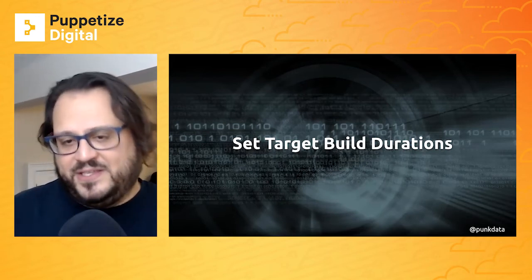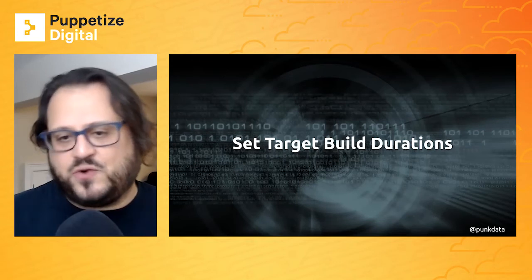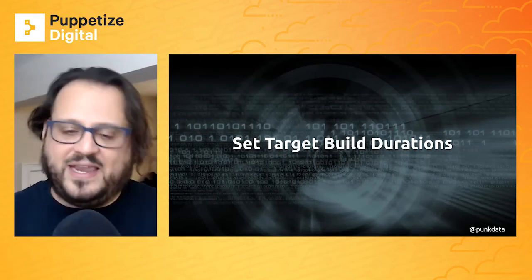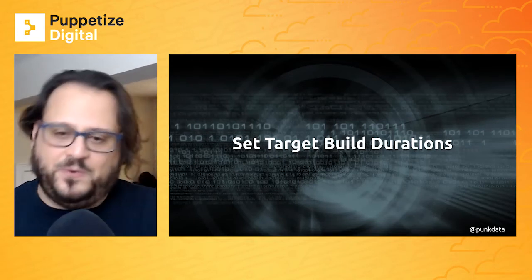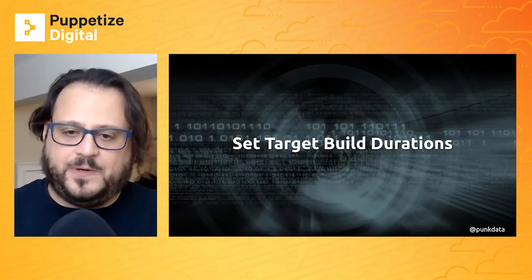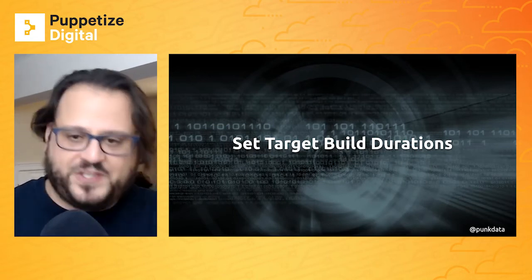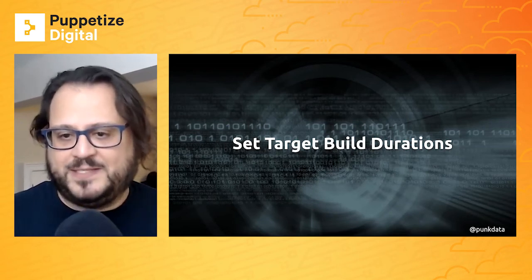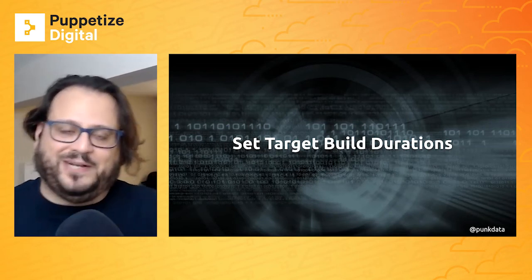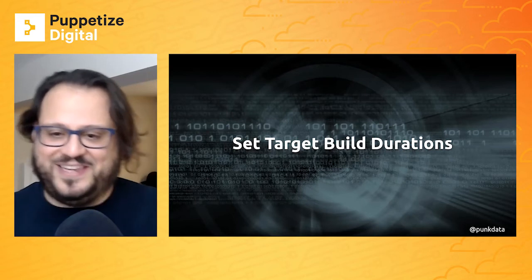So again, just set a target and always strive to achieve it no matter what. That should keep your optimization in mind, trying to be efficient in everything you do within your pipelines. Again, it's just like, we all set goals for certain things in our lives.